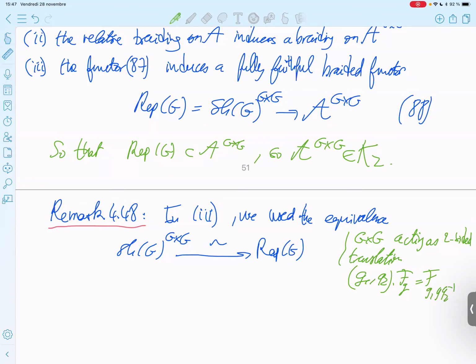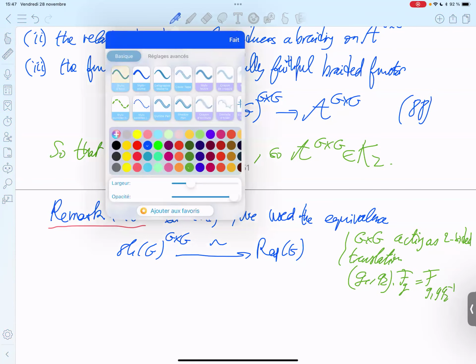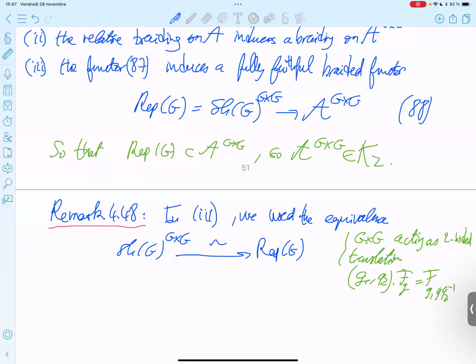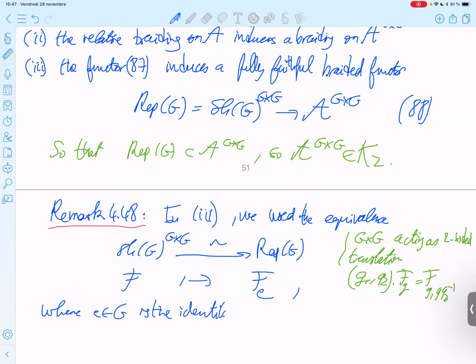Okay. So we have that. And so why is it a kind of equivalence? In fact, F maps to the neutral component, where e in G is the identity neutral element.